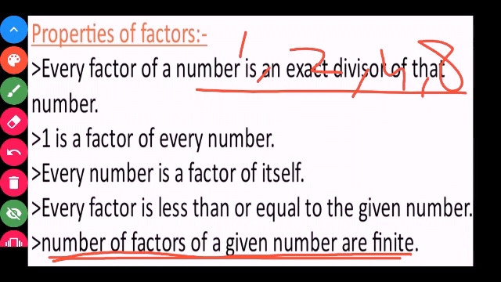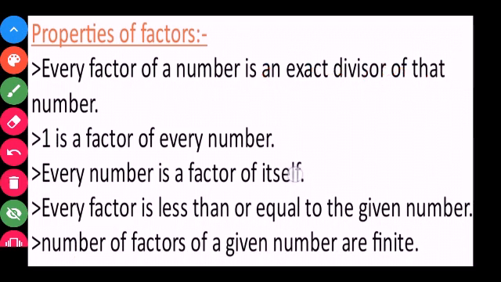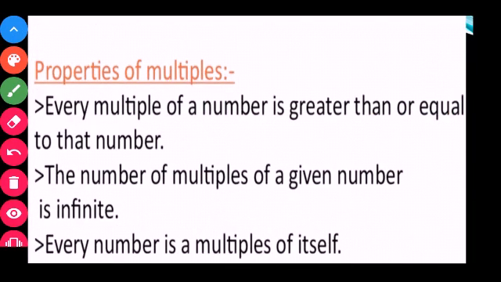Understand? Now next, properties of multiples. Every multiple of a number is greater than or equal to that number. In factors, every factor is less than or equal to that number, but in the case of multiples, every multiple is greater than or equal to that number.